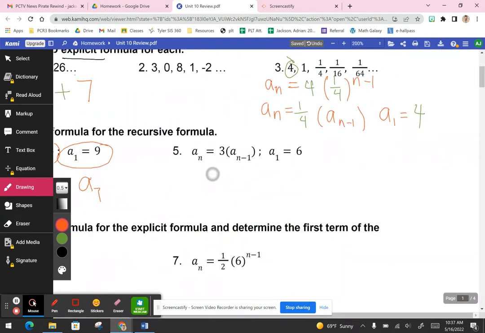Okay, now this one over here, this is our geometric one. So with those ones, your number in front there is going to be your R, or what you're multiplying by each time. So my 3 is my R, and then my A1 is 6.